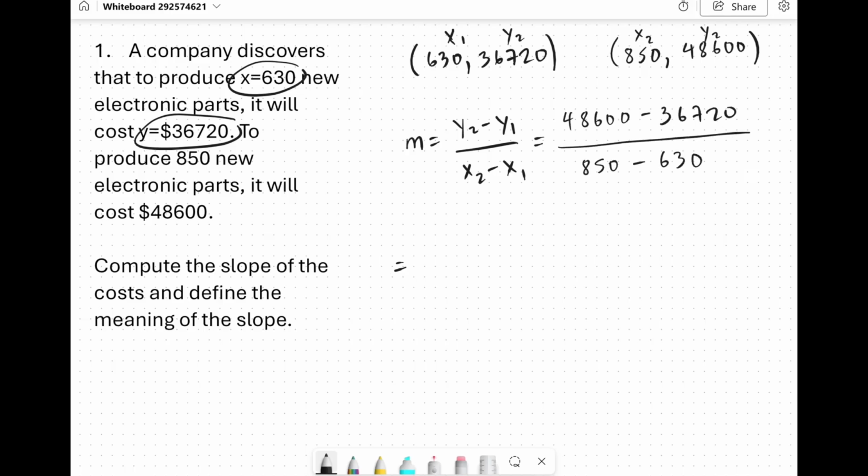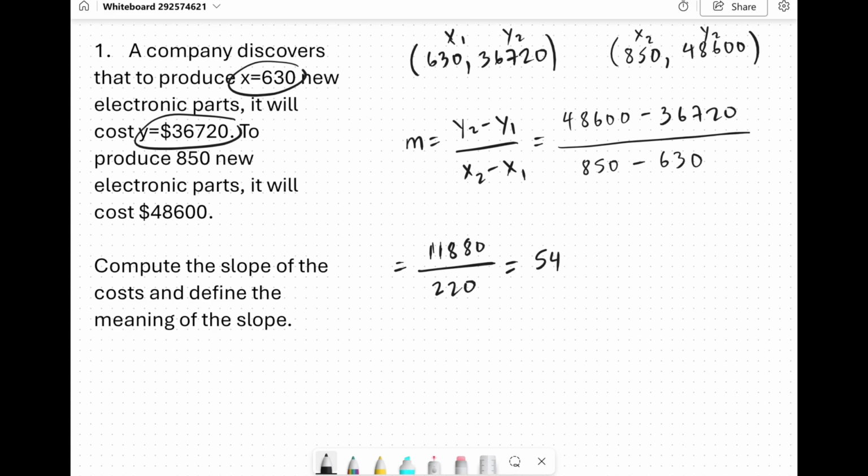On the top, 48,600 minus 36,720 is 11,880. At the bottom, 850 minus 630 is 220. So I'm going to go ahead and try to divide 11,880 by 220, and it actually divides nicely to 54.